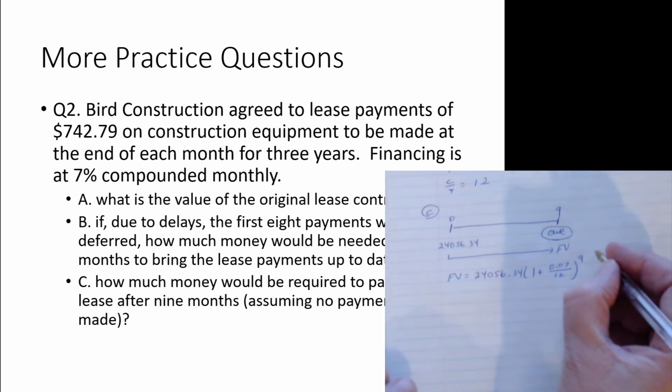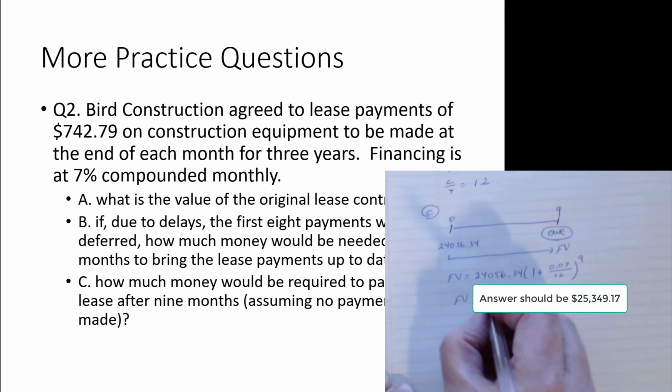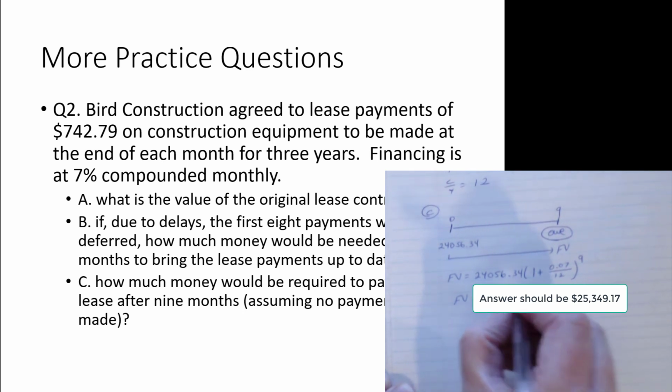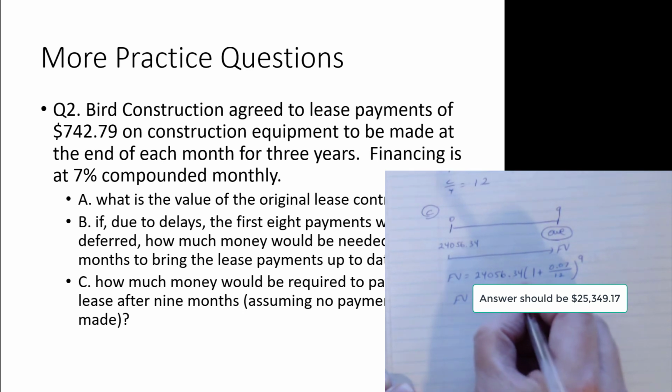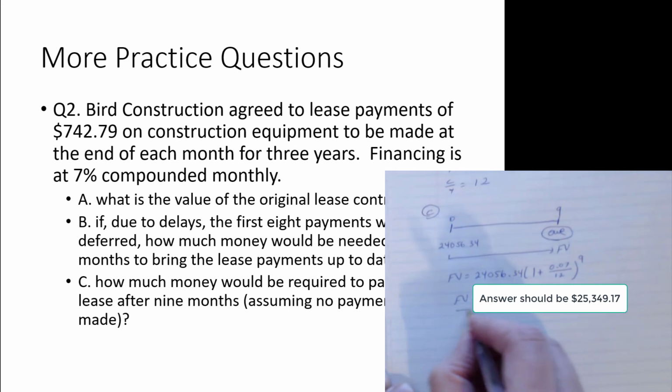There's no big catch there. And so ultimately the future value. So if after 9 months we decide, you know what, we're just going to pay this thing off, got better terms on a loan somewhere else, we would just pay it off by sending them $24,349.17. Boom, done.